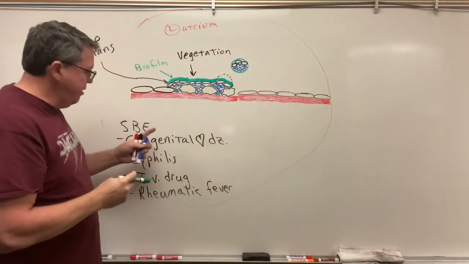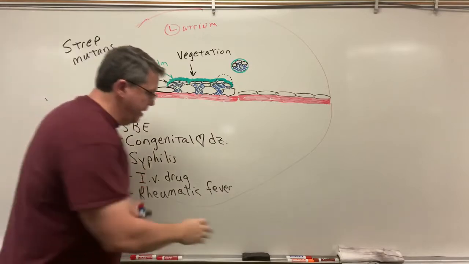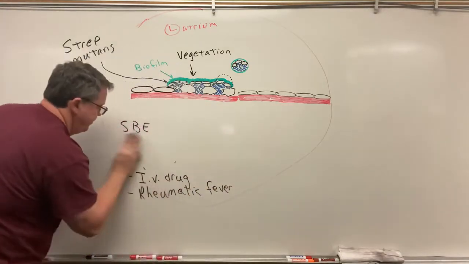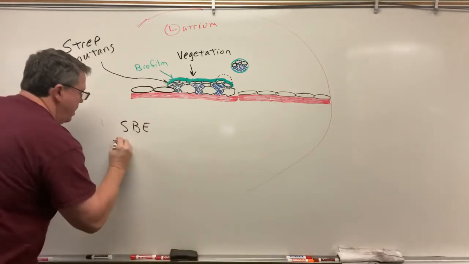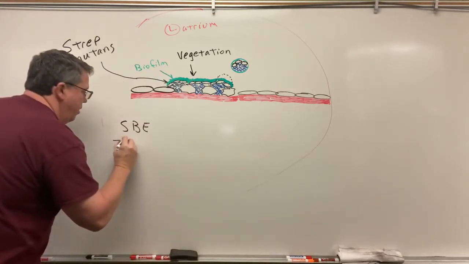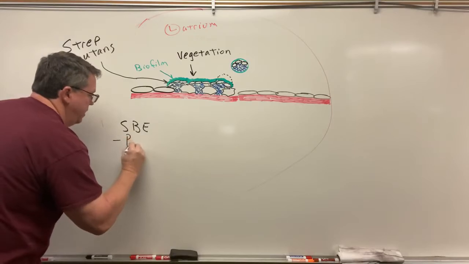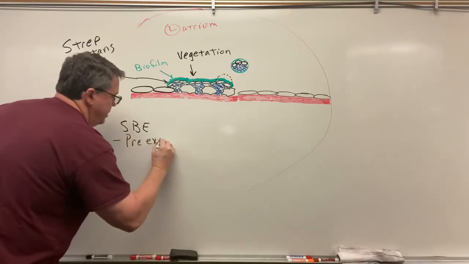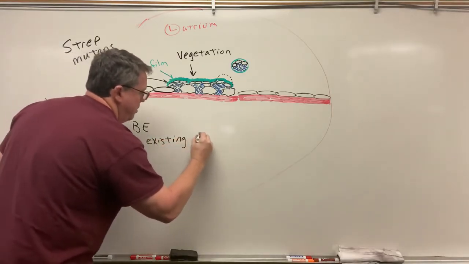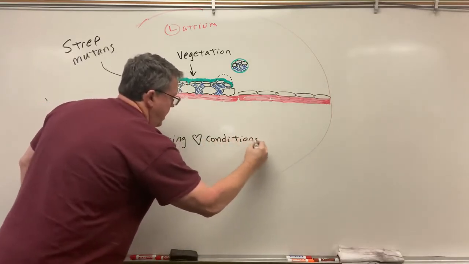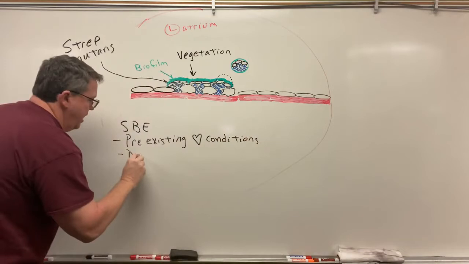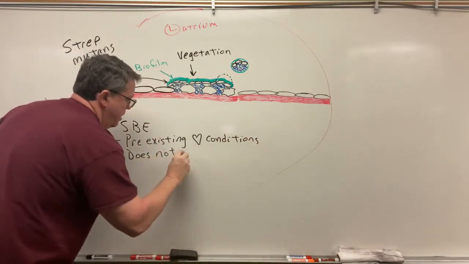So in subacute bacterial endocarditis, there's no heart damage. In fact, let's write this down real fast. So in subacute bacterial endocarditis, it's the people, there's pre-existing heart conditions. All right, it does not damage valves.